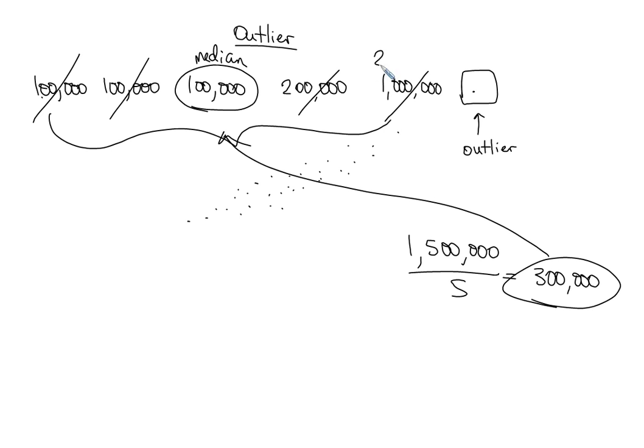I could have made this 200,000 and my median still would have been the same 100,000. Does that make sense? All I needed was one more at or above that highest number and it would have given me the same answer. Actually, all I needed was something anywhere from here on up and I would have gotten the same median.